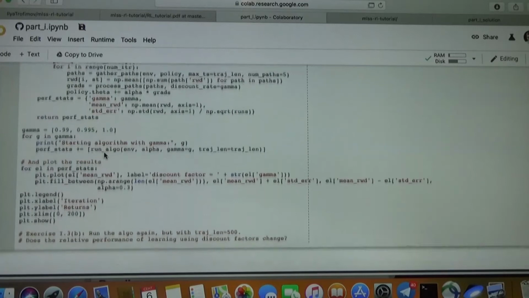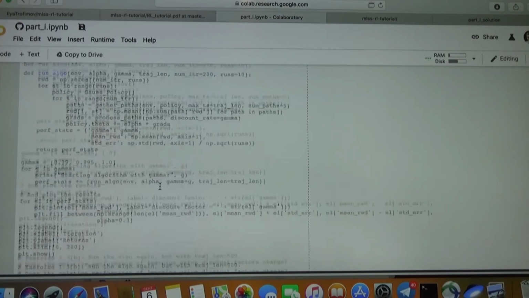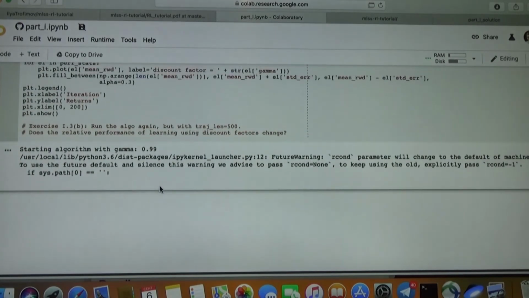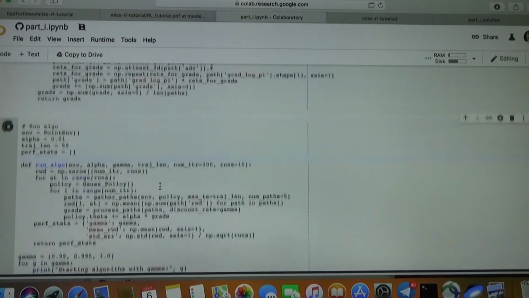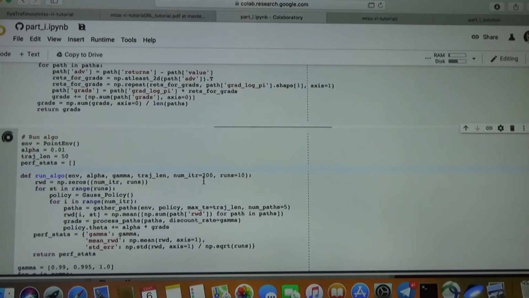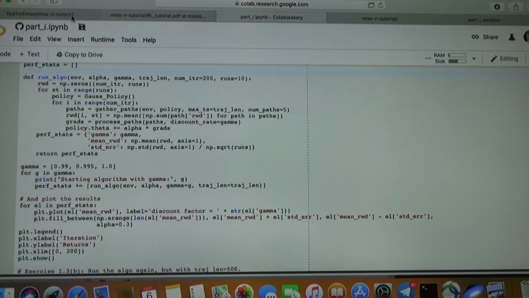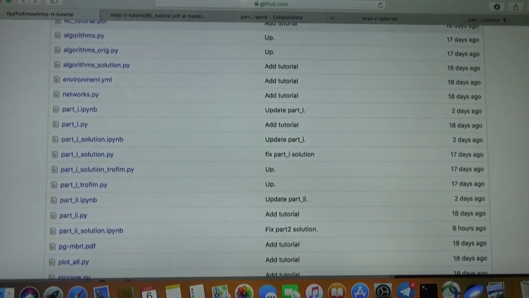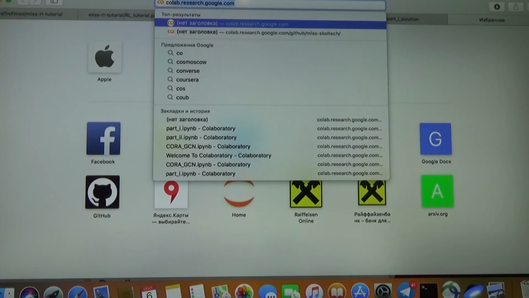And finally we can run our agent. It takes some time for the agent to learn, and we can now start to solve the second part of this practical session.